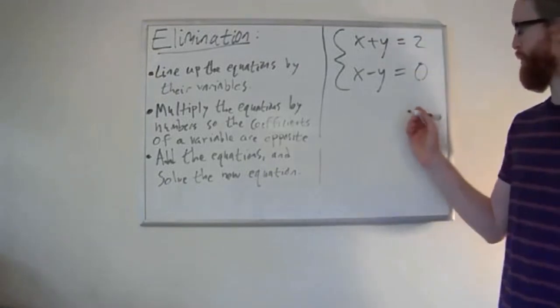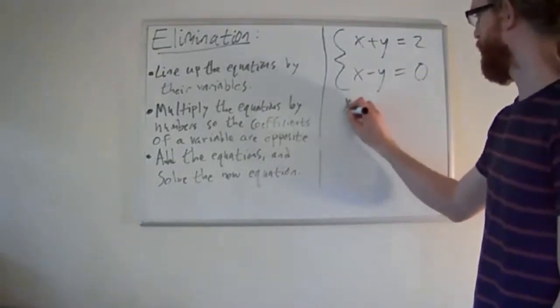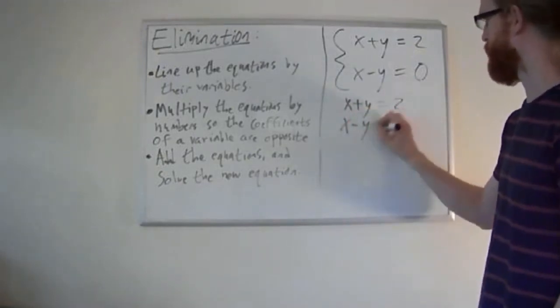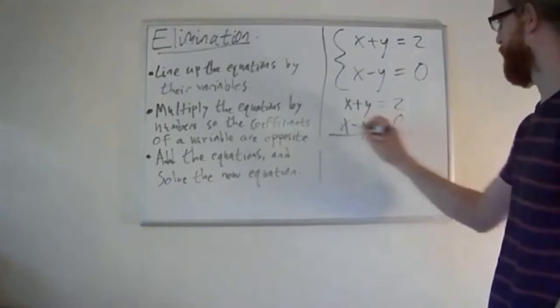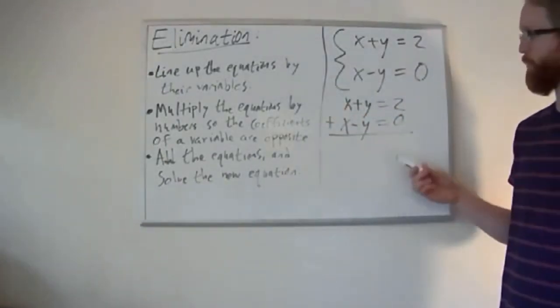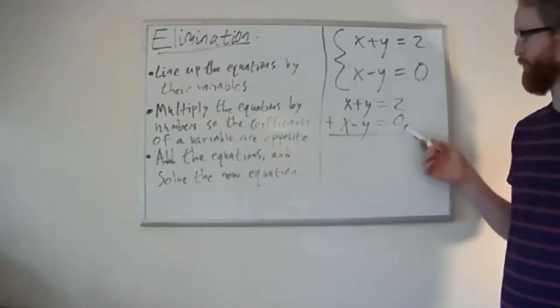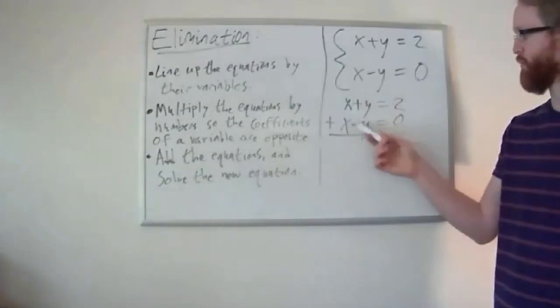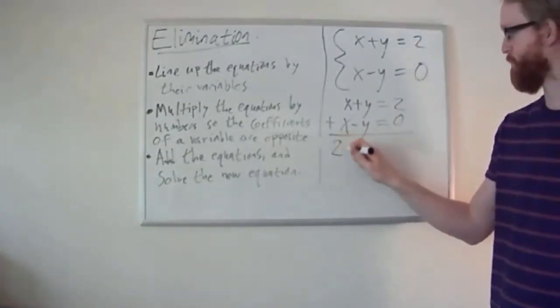So in this example, I'm going to take x plus y equals 2, and I'm going to add it to x minus y equals 0. I'm going to add these up. And now you see why we want the variables in columns: I can just add like terms. x plus x is 2x.